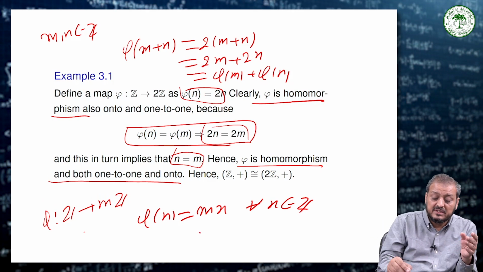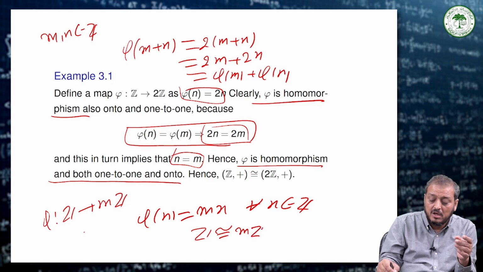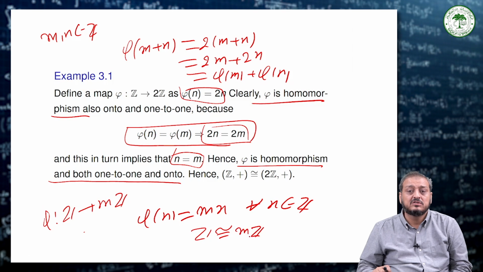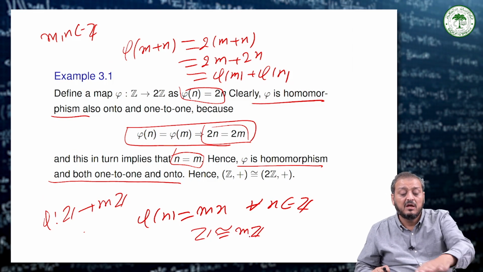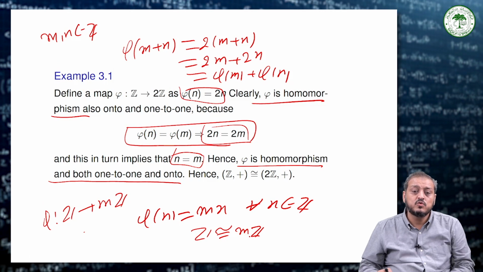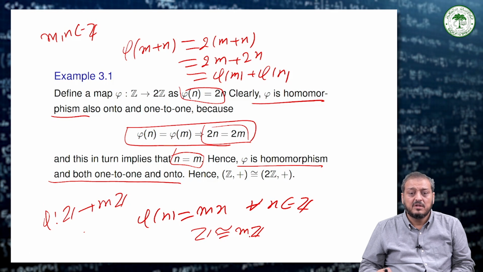So, we can simply say that Z is isomorphic to mZ, where m is any integer. This is one of the examples, and clearly these two groups, Z and 2Z, are isomorphic to each other.